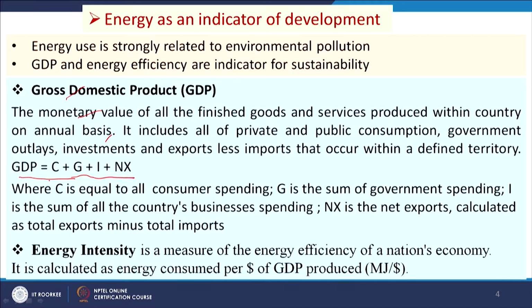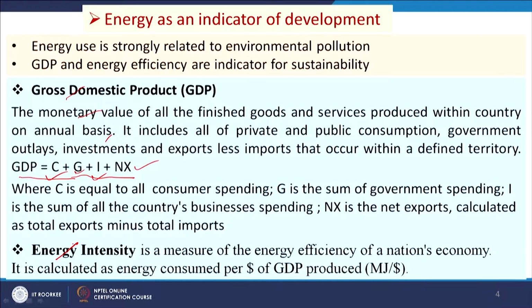Here C is the consumer spending, G is the sum of government spending, I is the sum of all the country's business spending, and NX is the net export, that is export minus import. GDP is very important to assess the economic condition of a nation.